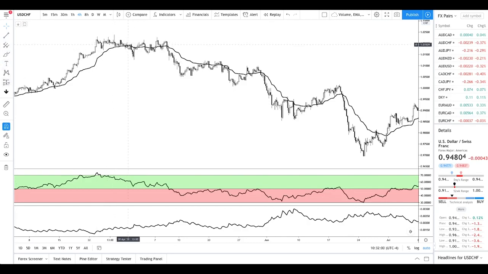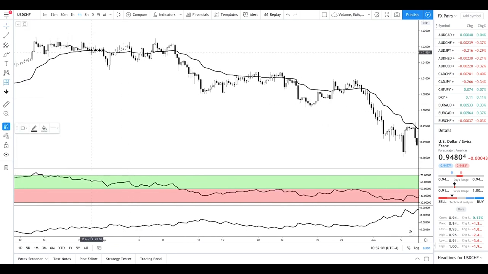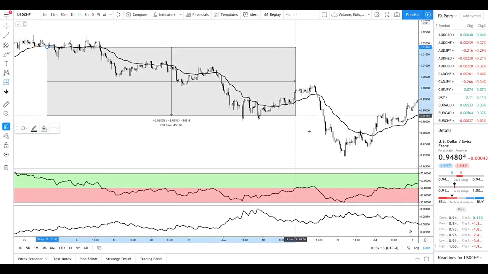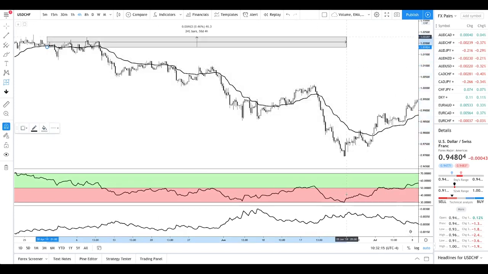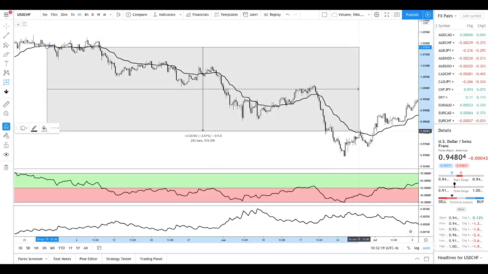We would have waited to enter, could have entered right here, right there as soon as it broke. And then, yeah, we just let this ride out all the way till we get our oversold signal right there. Wait for price to cross. And we exit. Just like that.